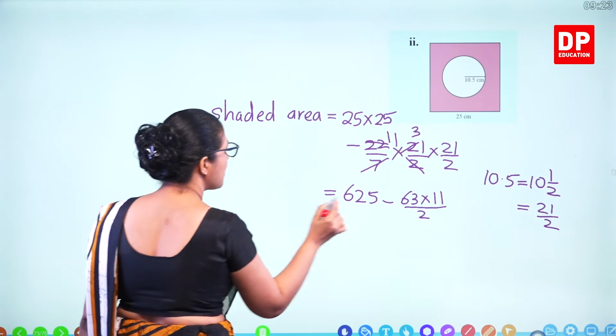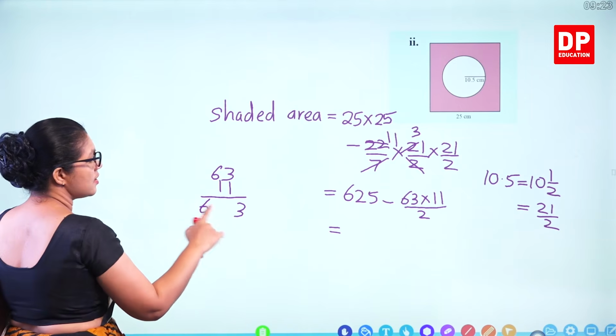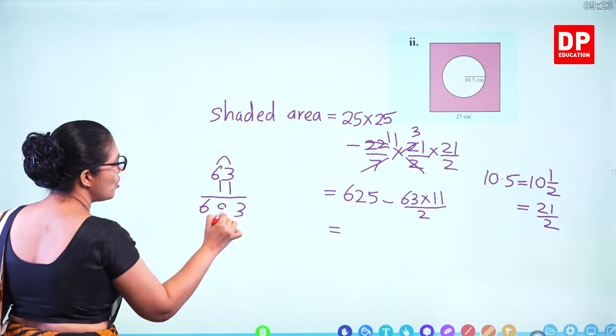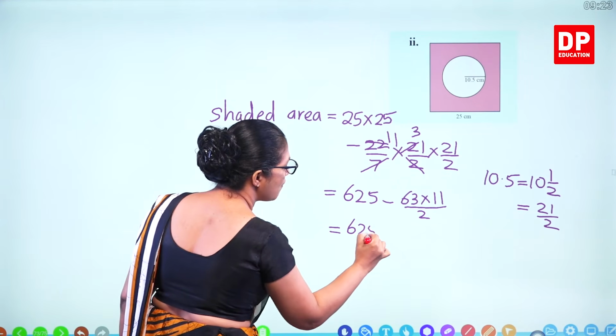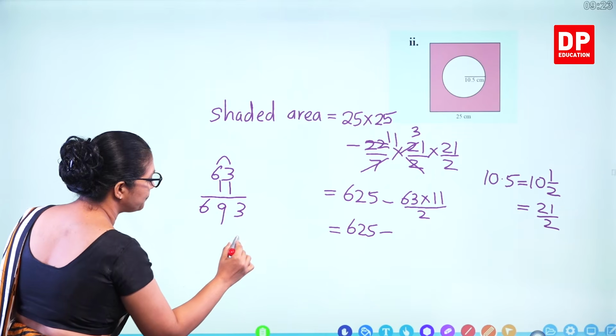Now, what's the easiest method to multiply by 11? You take the first and the last digit separately and then you add these two. You get 6 plus 3, 9. So, 625 minus 693 divided by 2.